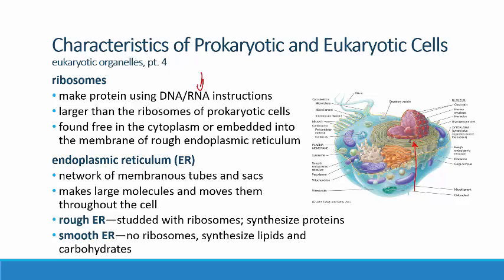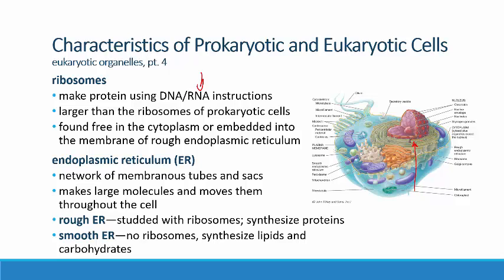And you look at it under a microscope and it looks really, well, rough. And so with the ribosomes attached, its job is to synthesize proteins. Smooth ER doesn't have ribosomes, and because there are lots of enzymes associated with smooth ER, its job is to synthesize lipids and to build carbohydrates as well.